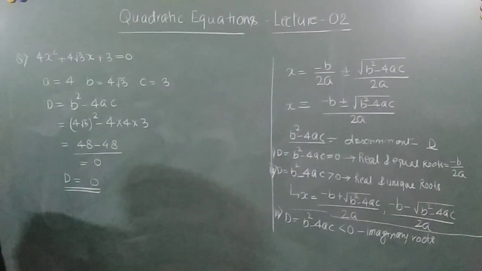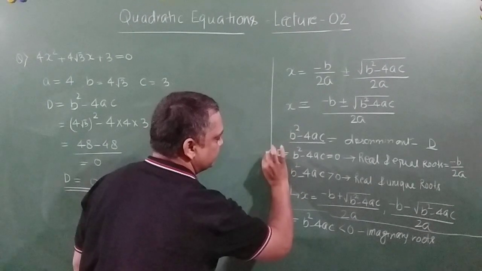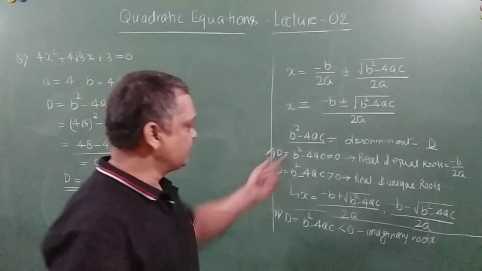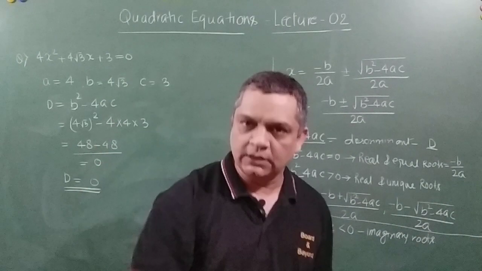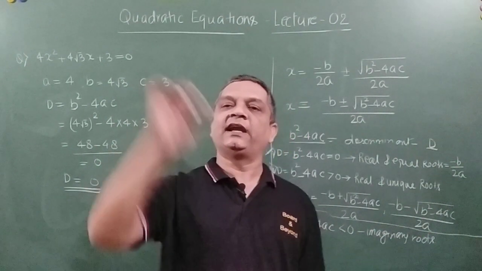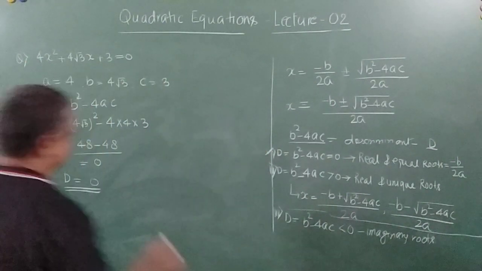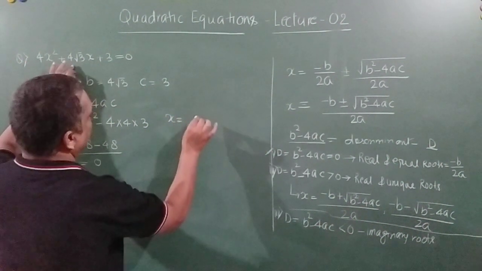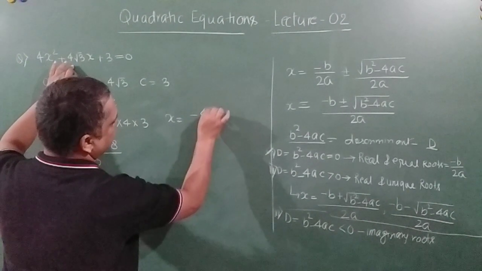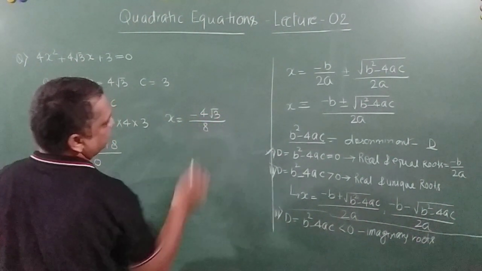You are getting it? So once d is equal to 0, this is our first kind, right? So b square minus 4ac is equal to 0, that is d is equal to 0. So it will have real and equal roots, and the roots will be minus b by 2a. So x is equal to minus b, minus of 4 root 3 by 2a, which is nothing but 8, right?